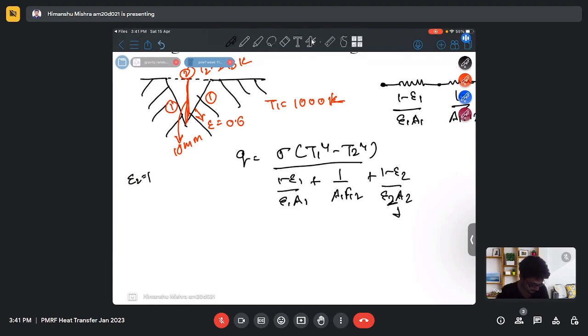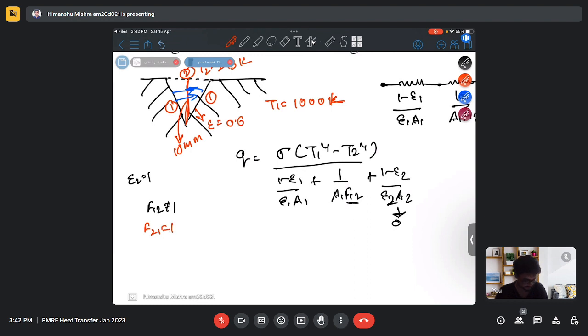So this term will vanish, and we can just calculate f12. The f12 will not be equal to 1 because there is some radiation which will fall back to surface 1, but f21 will be 1.